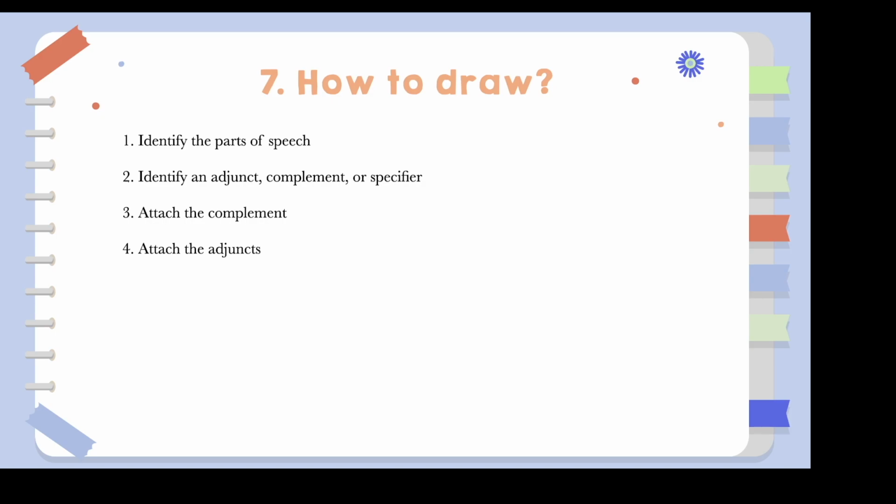First, identify the structure that you have, and then identify the part of speech in the small constructions under the big construction that you analyze. Second, identify the adjunct, complement, and specifier. The third, attach the complement, and the fourth, attach the adjuncts. And definitely the last one, you attach the specifier.